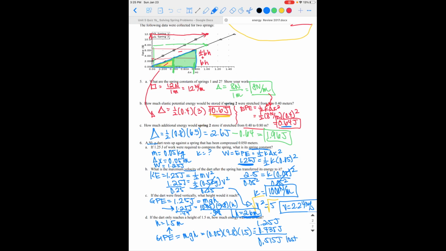And when we say lost, it isn't actually lost, it is transferred. So I actually really hate that word right there. 0.515 joules transferred. Transferred to heat or transferred out of the system.